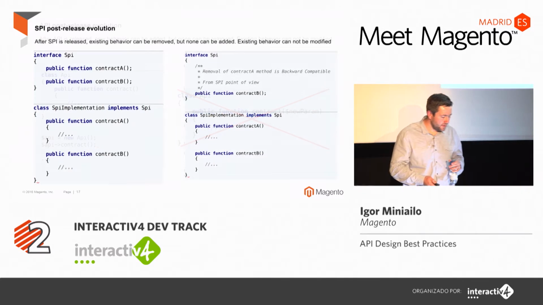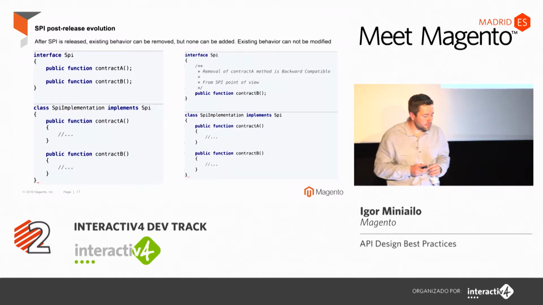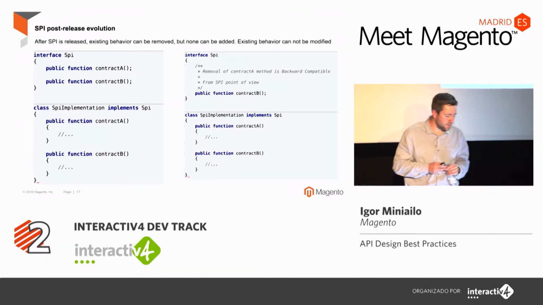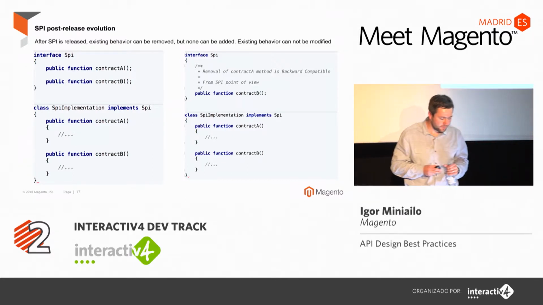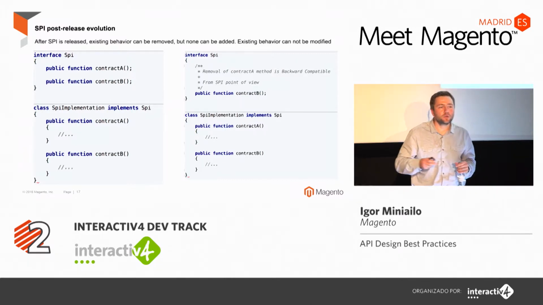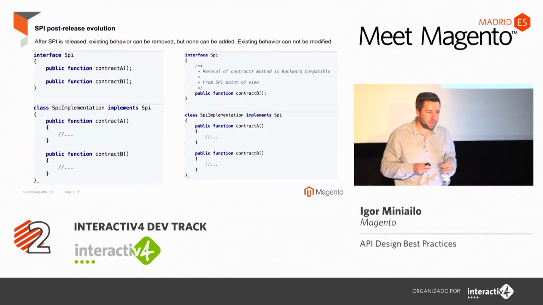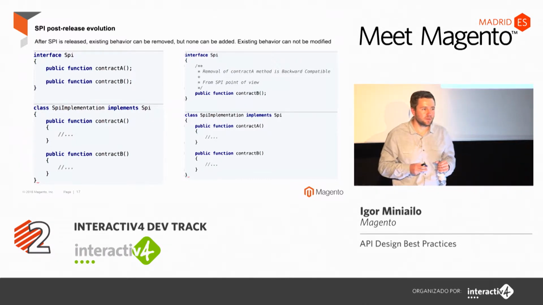If we're talking about SPI, here you see the example of an interface with two public methods, and we have a default implementation which provides the implementation for both of these methods. So in SPI, we have actually the opposite situation. We can freely remove something out of the SPI interface, and we would not break existing implementation and functionality.